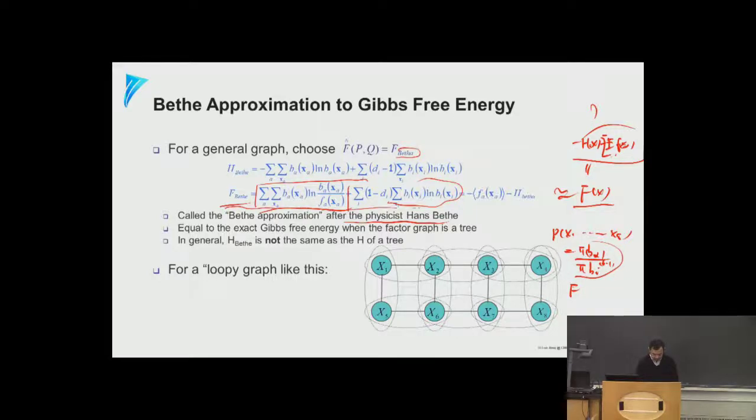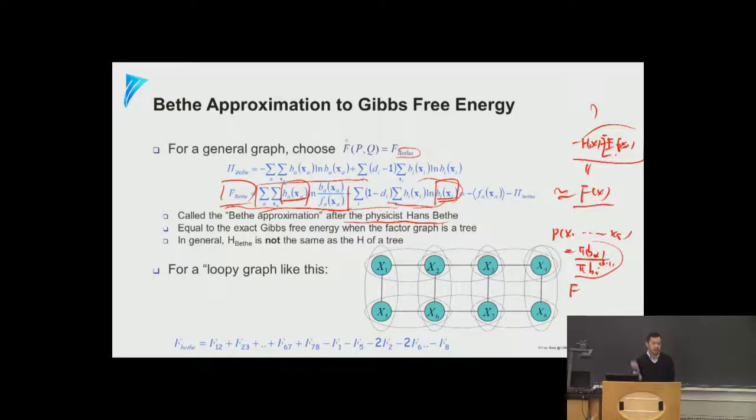Instead, we do this. We basically treat this b alpha and bi as unknown variables. We say that if they are known, we can define this free energy. And that leads to an objective: we are going to solve for b of x alpha and b of xi directly, by minimizing this free energy.